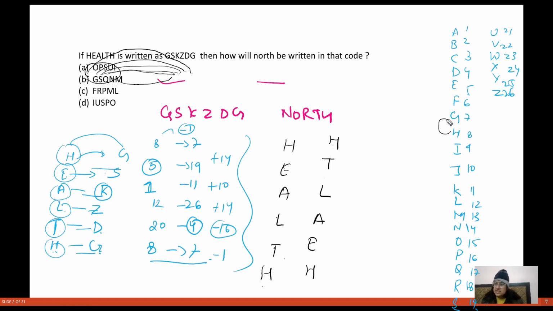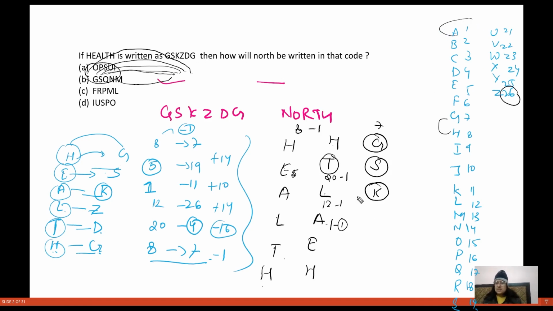Now this H is 8, so 8 minus 1 is 7, and 7 is G. Similarly, T is 20. 20 minus 1 is 19. 19 is S. So now we have GS. Then L is 12. 12 minus 1 is 11. 11 is K. A is 1. 1 minus 1 is 0, but we'll take 26 because it reverses, so that becomes Z. E is 5. 5 minus 1 is 4.